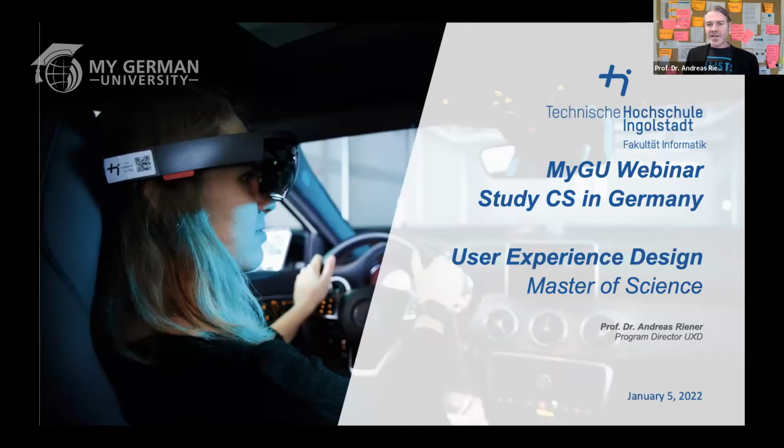User experience design is, or was, the first completely English-taught program in our faculty. Meanwhile, we have added other English programs like the Computer Science and Artificial Intelligence undergrad program, which started this winter term for the first time.